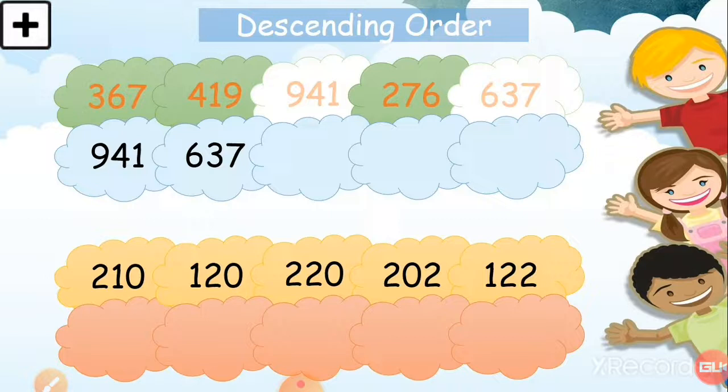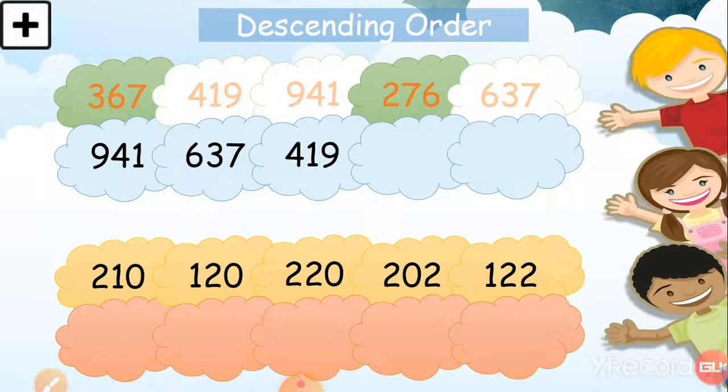Check the hundreds place: first number 3, 4 or 2. Tell me which number will come in the third cloud. Yes, your answer is right. 419 is the right answer, students.